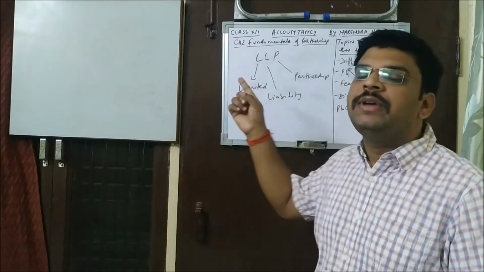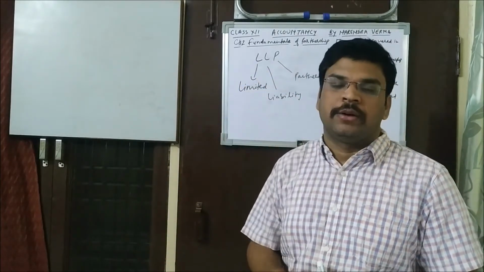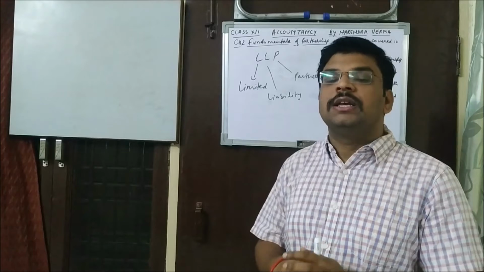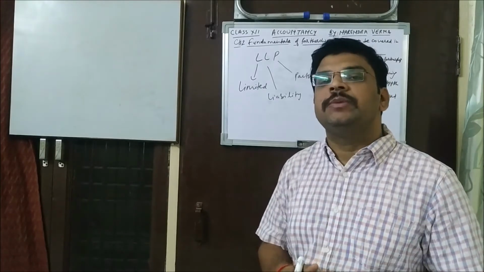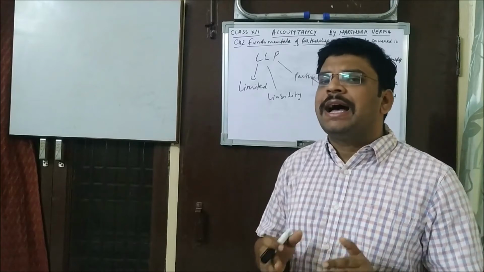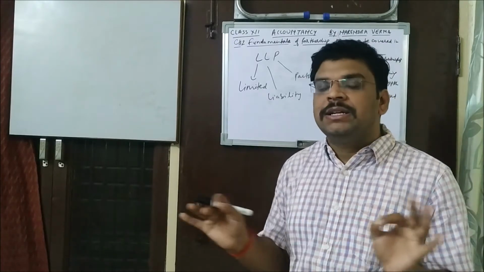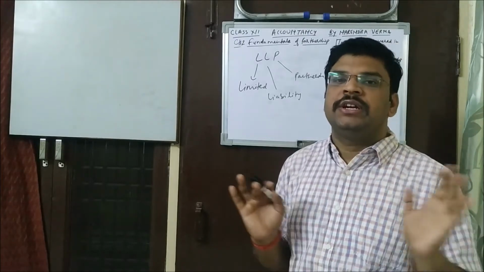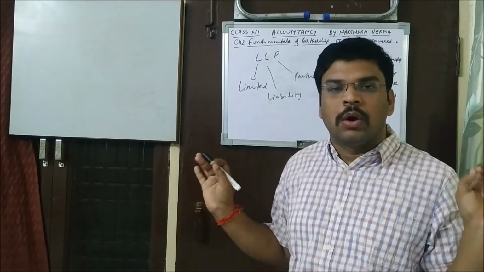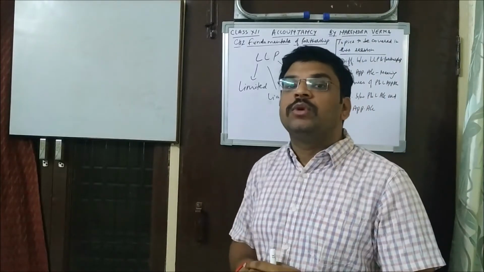Similarly every LLP has to be registered under the registrar. But in case of general partnership, we have already learned that registration is not mandatory, not compulsory, not essential, it is voluntary. If it is done, it is okay, otherwise there is no problem at all. So this is again one difference.